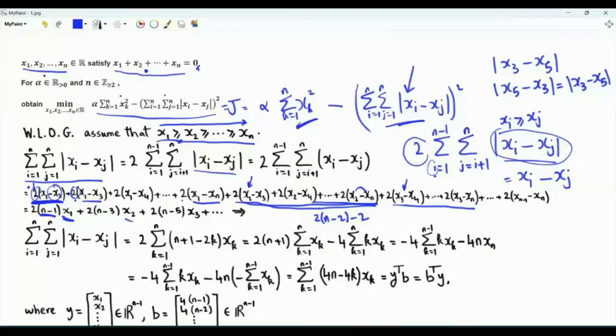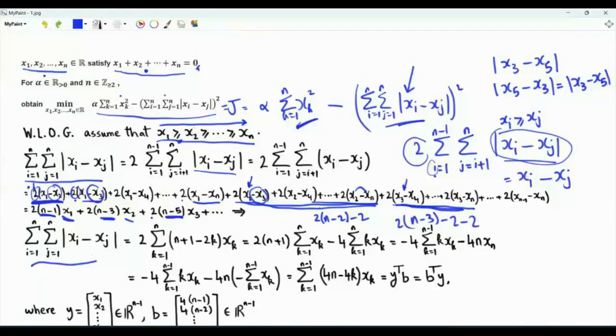So the coefficient that is multiplied by x2 is 2 times n minus 3. What about x3? These are n minus 3 terms, but x3 is also here and is also there. So we have minus 2, minus 2. All in all, the coefficient of x3 is 2 times n minus 5, and so on.